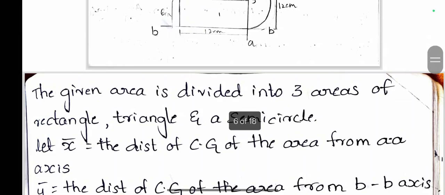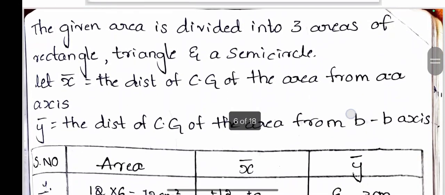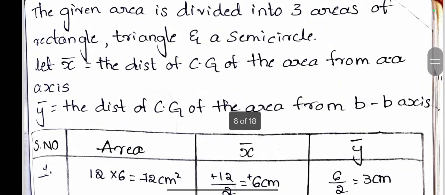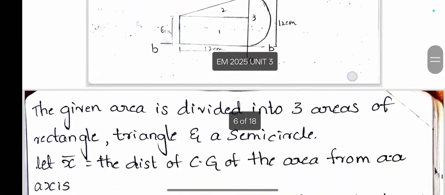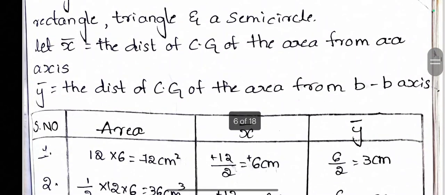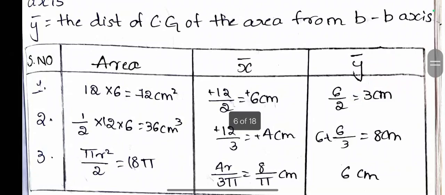So let us find the X bar and Y bar. Let X bar be the distance of CG of the area from the AA axis. Next, Y bar is the distance of CG of the area from the BB axis. So here we are finding out area, X bar and Y bar. Let us find out for number 1, which is the rectangle.